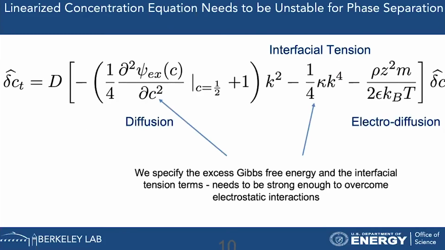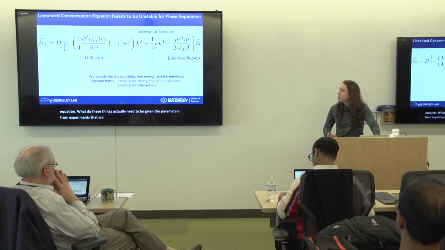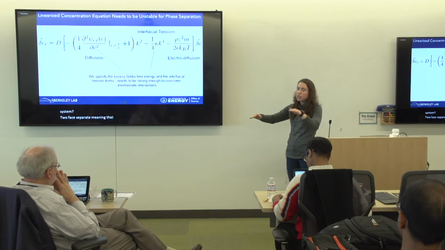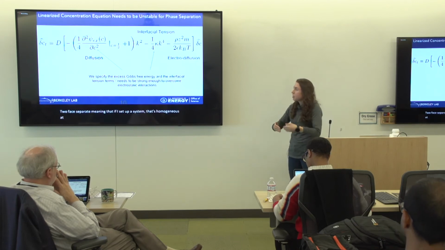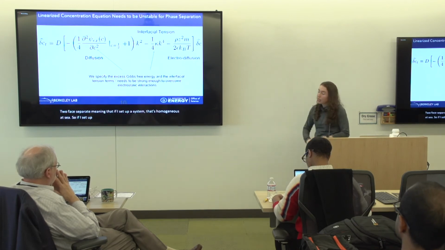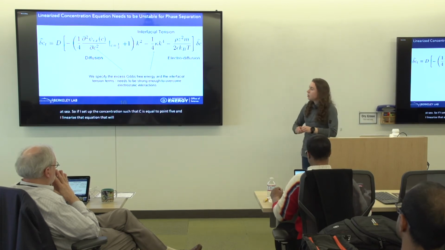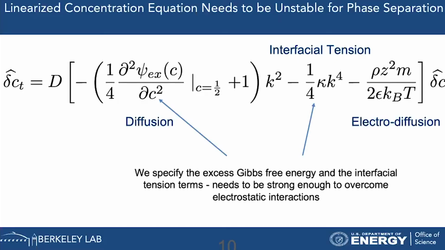So we can determine just by analysis of this equation what these things actually need to be, given the parameters from experiments that we are putting into this equation, in order to get the system to phase separate, meaning that if I set up the concentration such that C is equal to 0.5 and I linearize that equation, that will be unstable, meaning it wants to separate into the two different types of species.